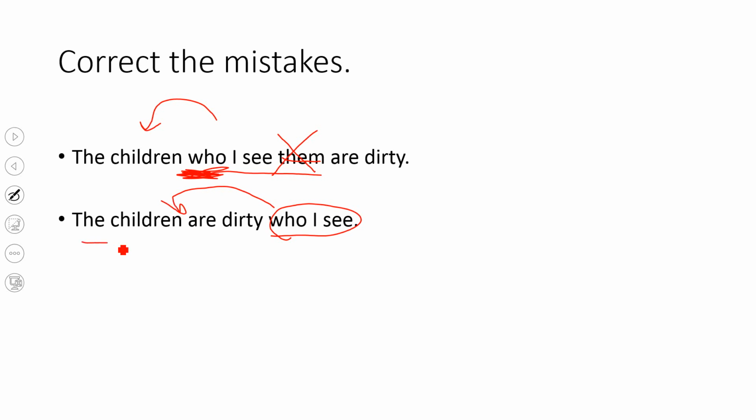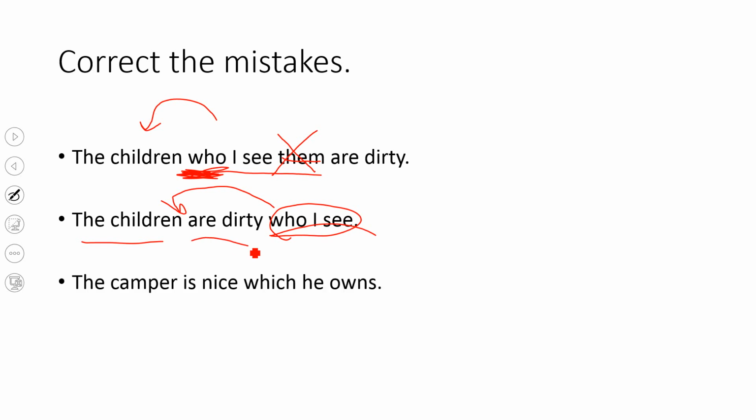So it should read, the children who I see are dirty. The camper is nice which he owns. In this situation, which he owns is telling me about the camper. It's an adjective clause, so it needs to go right behind camper. The camper which he owns is nice.